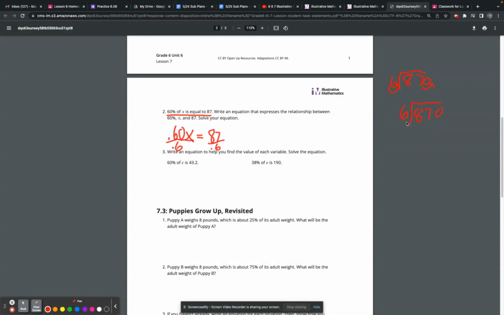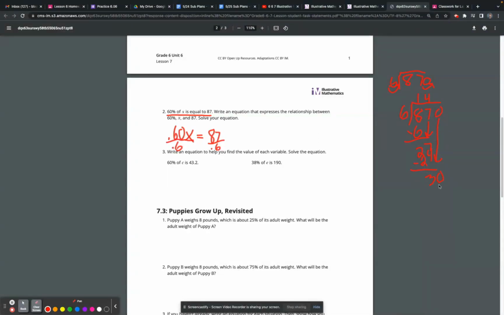But now we don't have decimals, so we're able to go through the process and do 6 goes into 8 one time. 1 times 6 is 6. Subtract, 8 minus 6 is 2. Drop down your 7. 6 goes into 27 4 times. 4 times 6, 24. 27 minus 24 is 3. Drop down your 0.